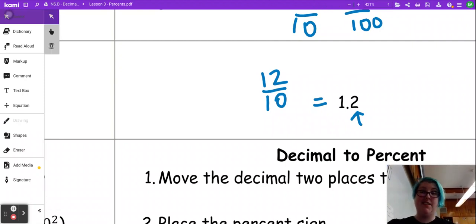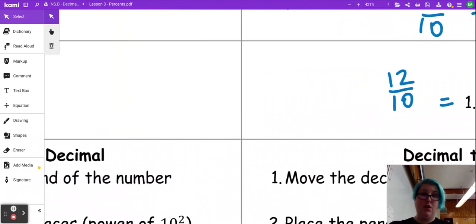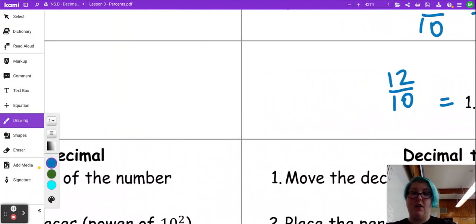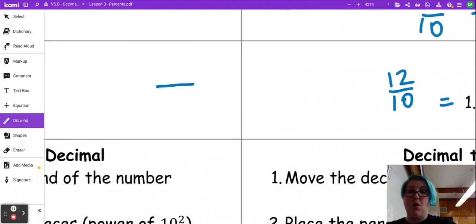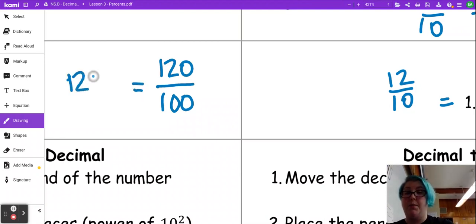Now, that is still not a percent. We know percents are some number over 100. So what we need to do is get this number over 100. We need to multiply it by 10 again to get 120 over 100, or 120%.